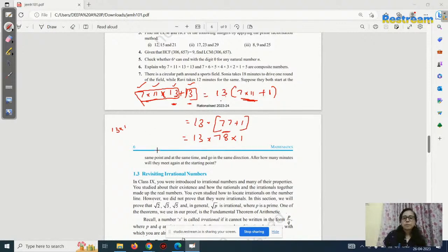You have to write the reason also: there are more than 2 factors, therefore it is a composite number. This way you have to write the reason, otherwise you won't get the mark. Do you understand? That's why it's a composite number.